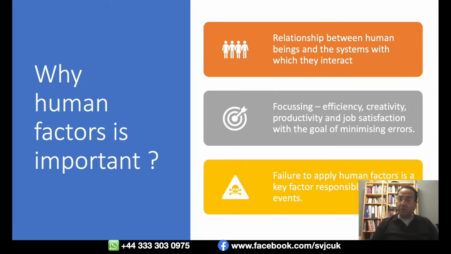It is very important to understand the culture of the organization, what happens when mistakes happen in the culture, and how human beings interact. So understanding of human factors will help to understand why errors occur, and it also helps to enhance patient safety.